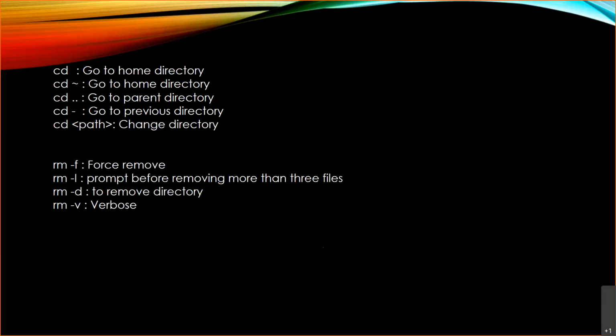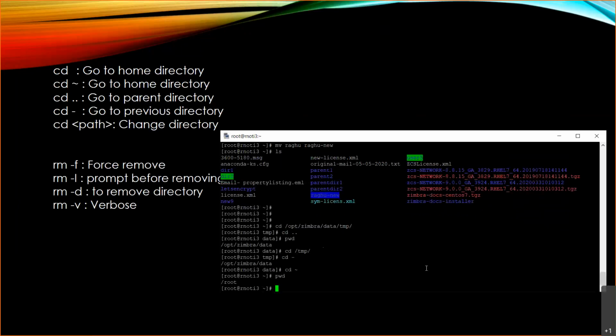And another important command is rm. rm means remove. If we use rm -f, it forcefully removes files and directories. And rm -i, it prompts before removing a file. And rm -d to remove empty directories. rm -v, it will print what it's removing. So now we will remove one file. -r is for recursive purpose.